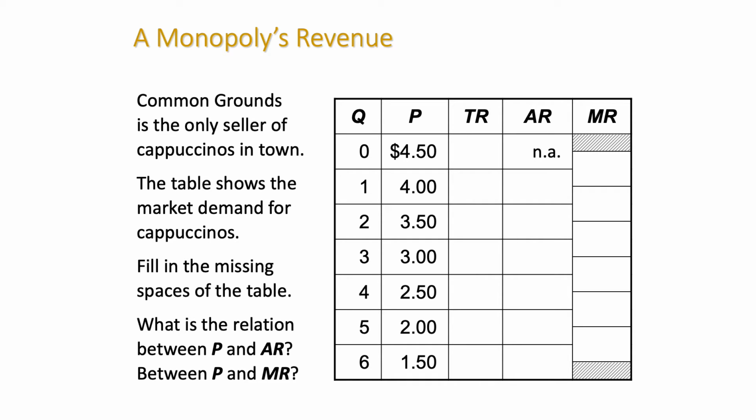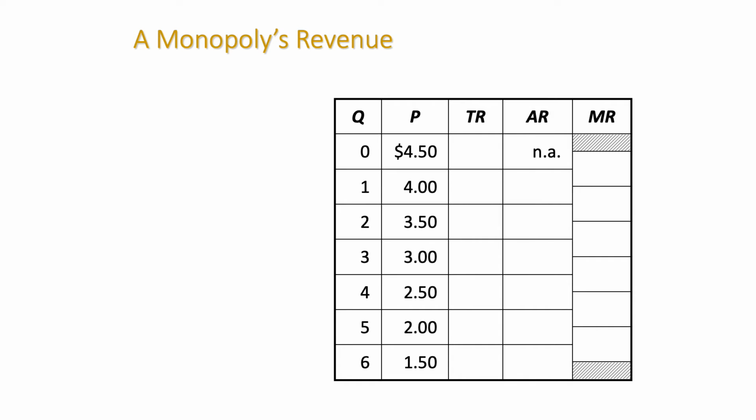To get the total revenue, we just multiply each price times each quantity. And average revenue is just the total revenue divided by the number of units sold, which is Q. Let's see what is the relationship between price and average revenue, and the relationship between price and marginal revenue. Here we have the set of components to develop a demand curve for a monopoly.